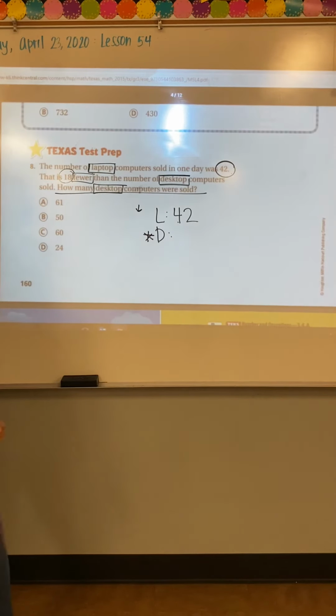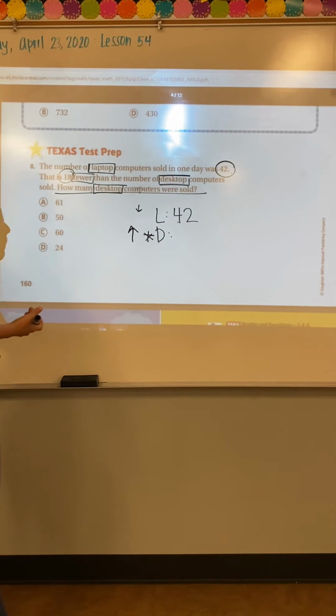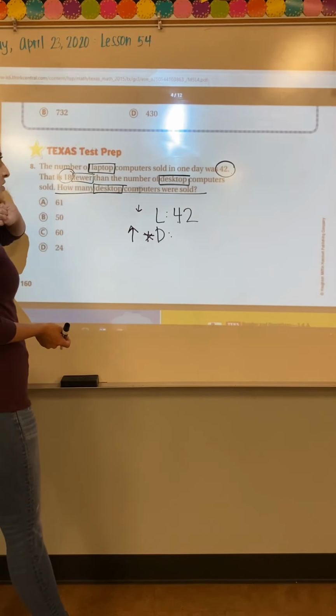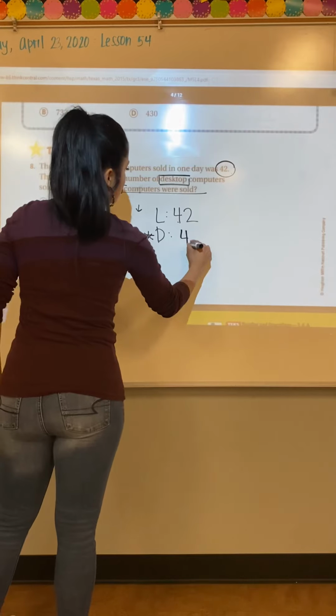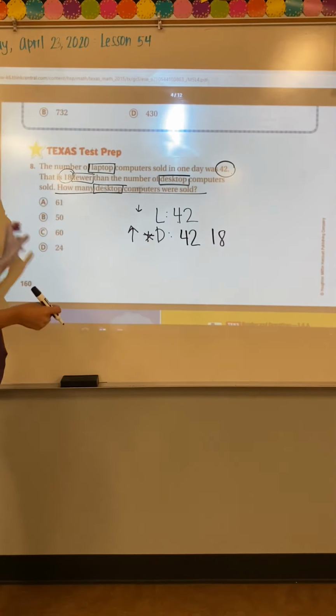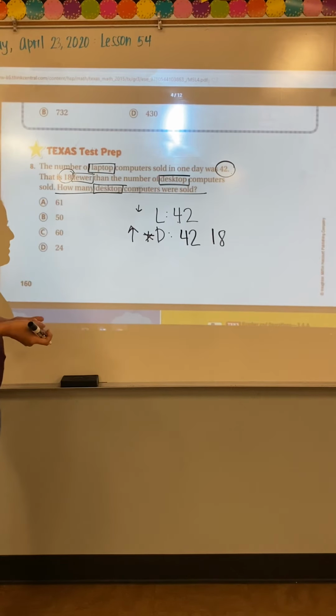That means my desktop is my larger number. It has more computers sold. Okay, I'm comparing laptops and desktops, using those numbers as a clue. So I know that I'm dealing with 42 and 18. But the question is, what operation are we using? Are we adding or subtracting to find the number of desktops?